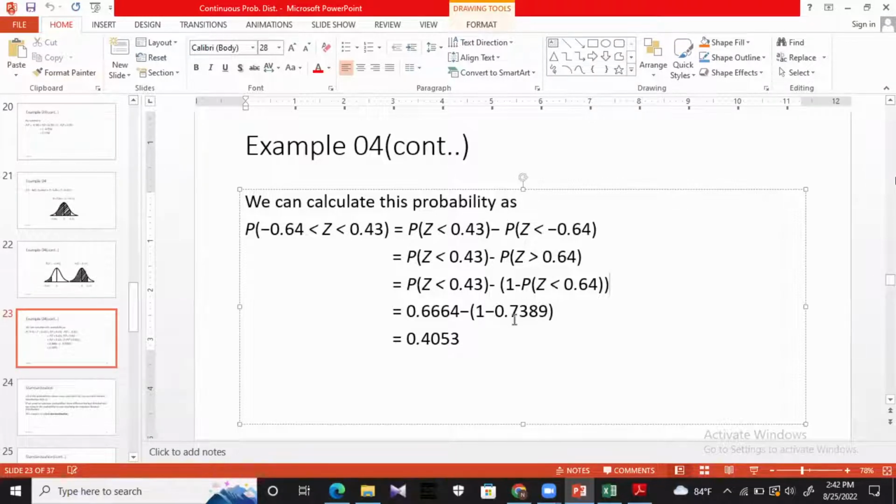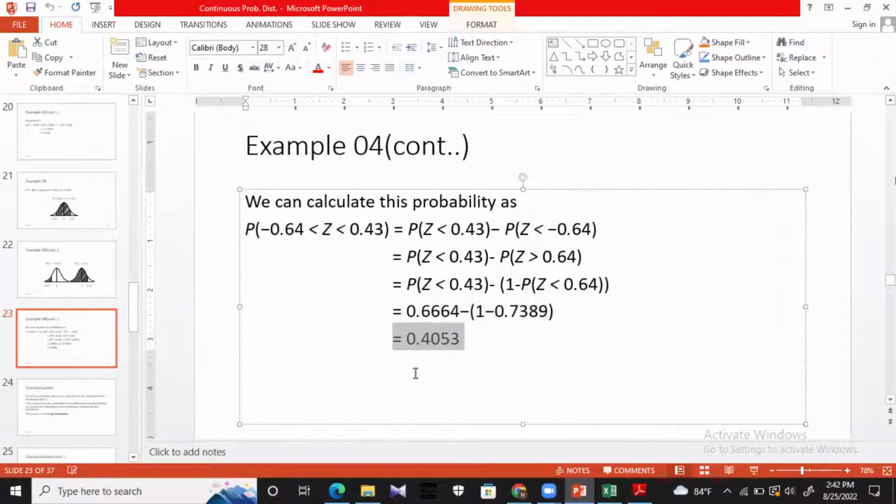I have not written that term, but using the calculator, I have calculated these answers. Finally, you will have 0.4053. So this is the correct way to find that probability.